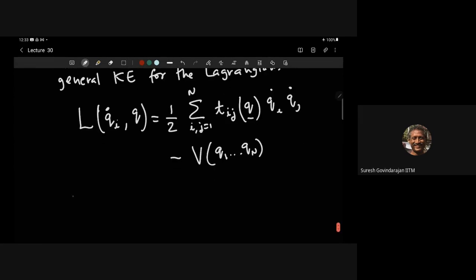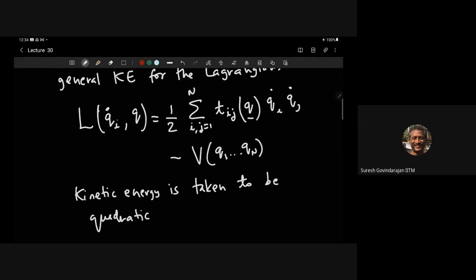So we are looking at kinetic energy taken to be quadratic in velocities. This is going to be the kind of Lagrangian system that we will consider.